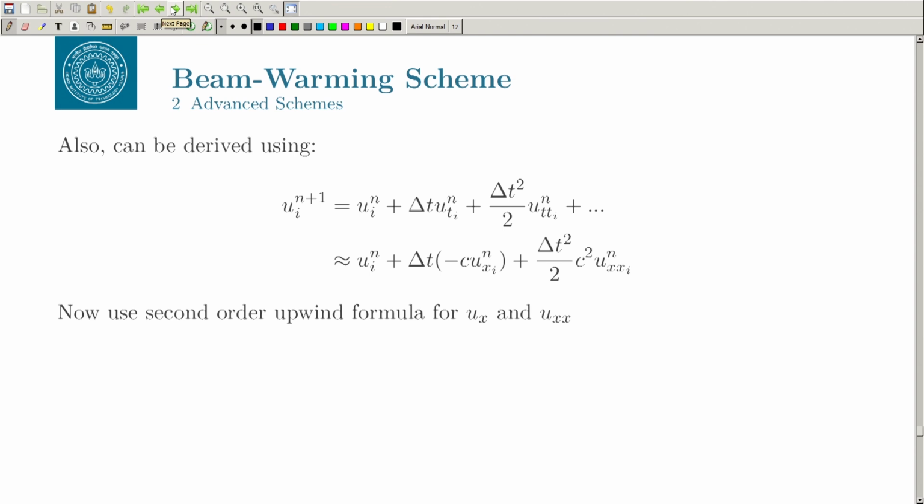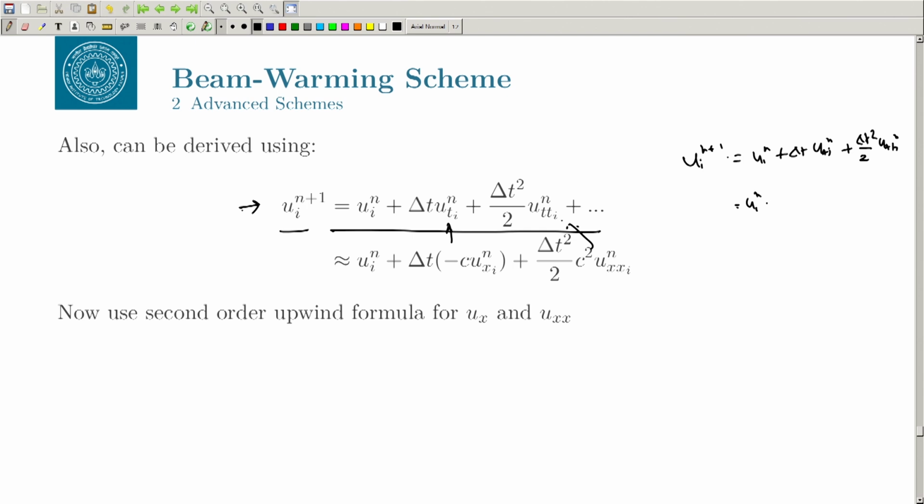One way to derive it is basically take your time derivative equation and replace all your time derivatives with spatial derivatives, and then collect these terms. So, this is u_i^(n+1) equal to u_i^n plus delta t u_t at i,n plus delta t square by 2 u_tt at i,n.